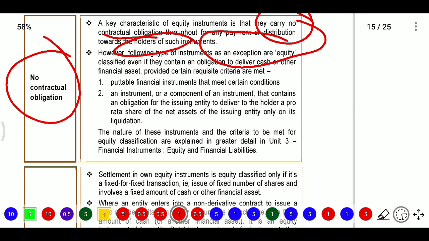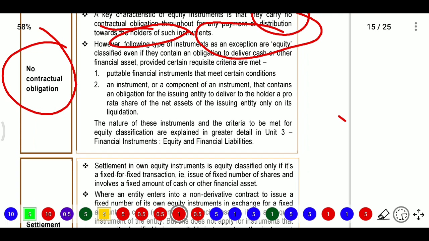However, the following types of instruments have exceptions for equity. They are puttable financial instruments. Puttable financial instruments are exempted. These are financial instruments, or components of an instrument, that contain an obligation for the issuing entity to deliver to the holder a pro rata share of net assets at the time of liquidation.